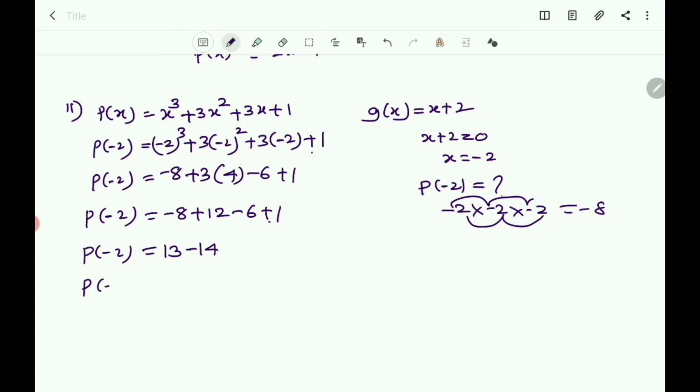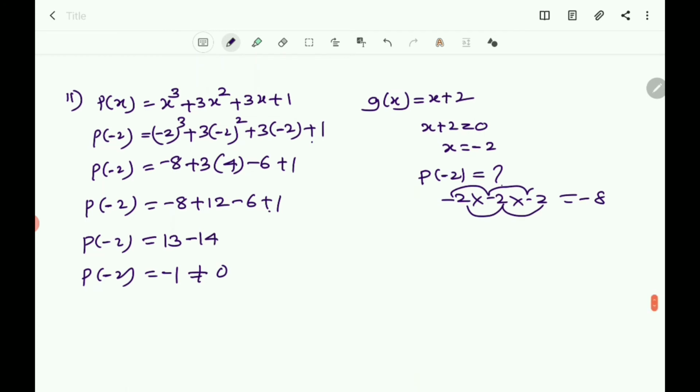Then p of minus 2 is equals to 13 minus 14, which is minus 1. 14 minus 13 is 1, and the greater number 14 has a negative sign. So you got minus 1. This is not equals to 0.